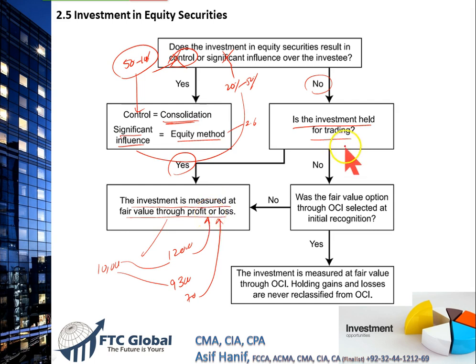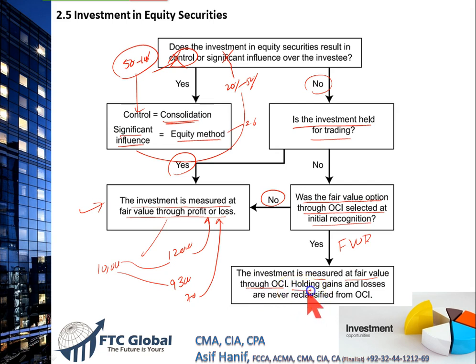If this investment is not for trading, then the question is, was the fair value option through OCI selected at initial recognition? No. If you have not elected the fair value option, you must follow this method again. And if you have elected the fair value option, in that case, the investment is measured at fair value through OCI.